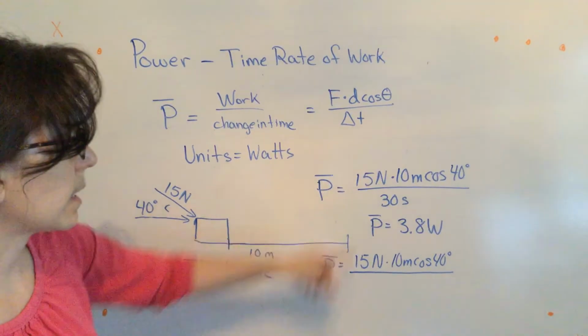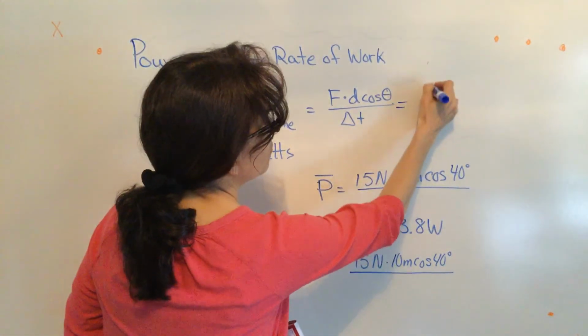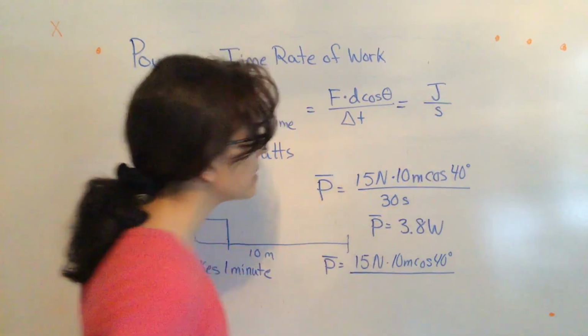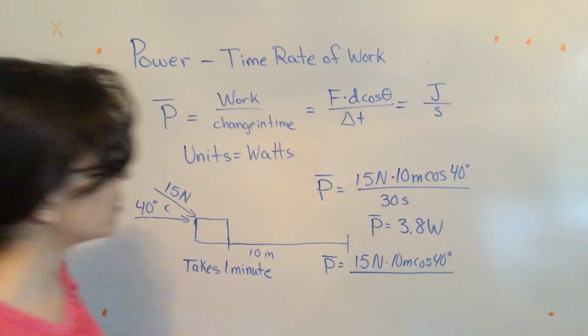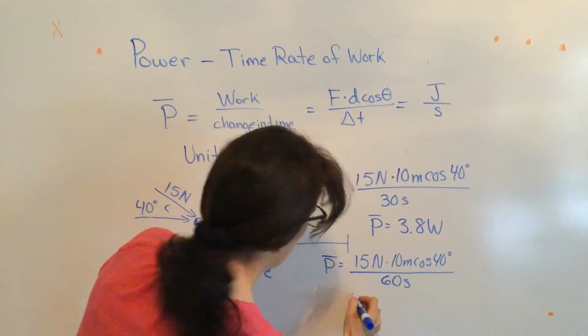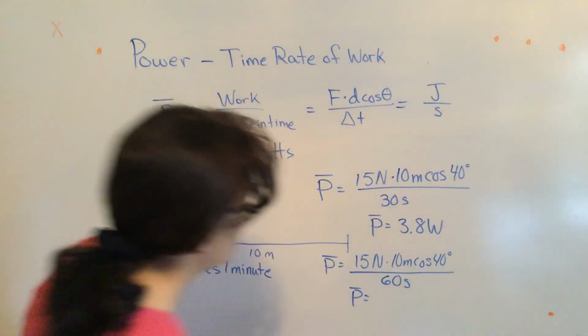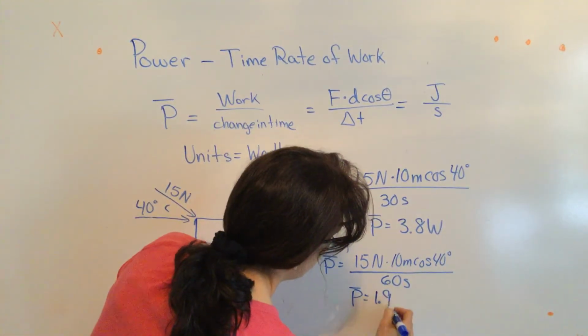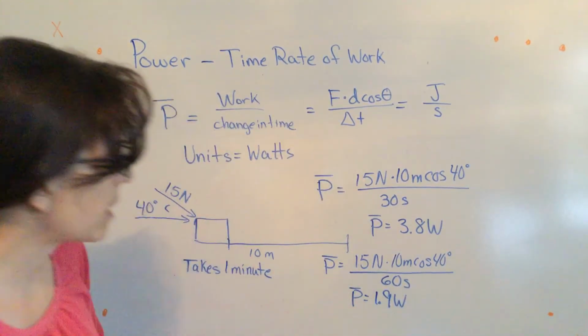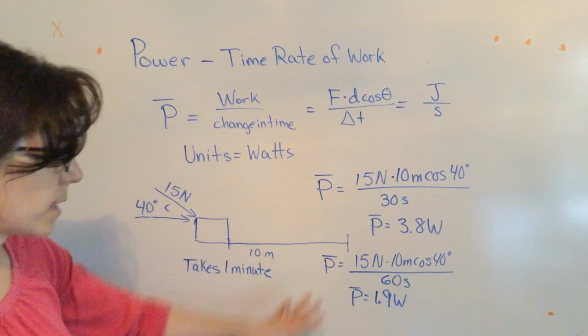In order to get watts, we need joules over seconds. So remember to change 1 minute to 60 seconds. I did solve this and I got 1.9 watts. So it takes half the amount of power if we're taking twice the amount of time in this case.